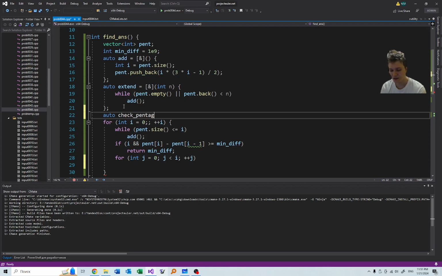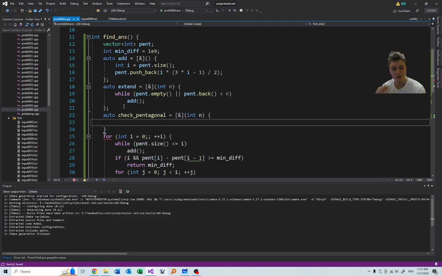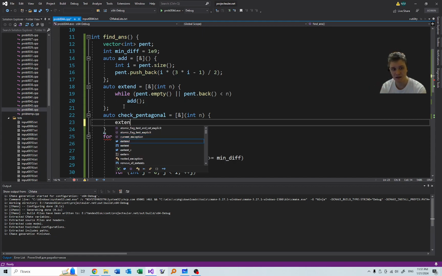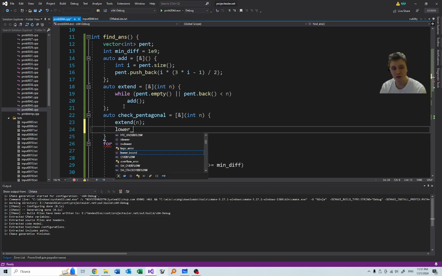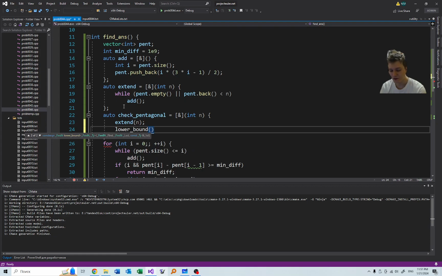So let's do it, check pentagonal. This is quite easy. First of all, we need to extend. If it is a pentagonal number, then the vector pent should contain this number. So we say extend n. After that, we take lower bound of pent.begin, pent.end, and n.